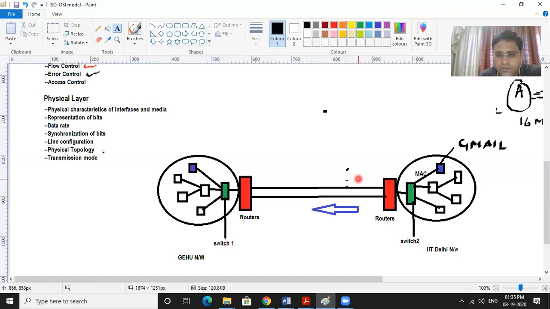Now, one person is sending something through Gmail to this person at the GEHU network. As they are different networks, we will require an IP address in between. And who deals with IP addresses? Routers.